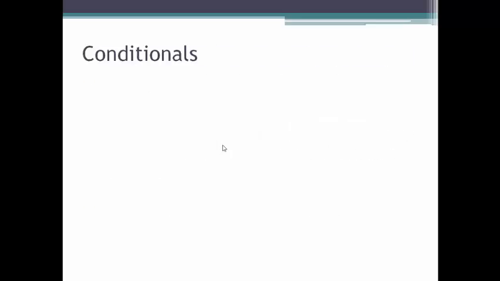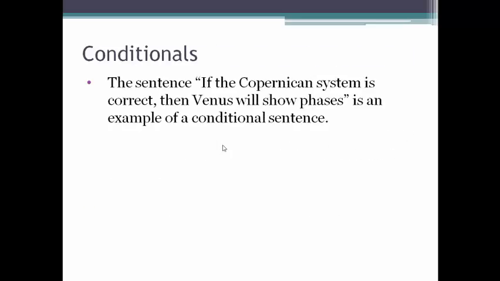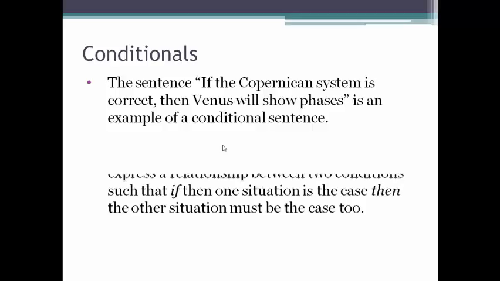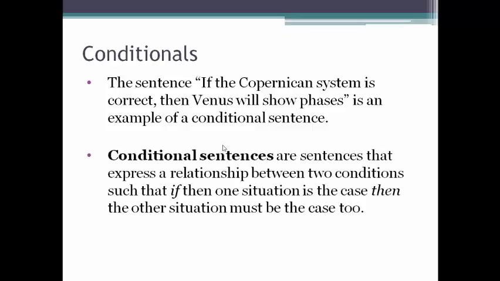Well, actually, not quite yet. First, I want to just briefly talk about what a conditional is. Conditionals are types of sentences. The sentence, if the Copernican system is correct, then Venus will show phases, is an example of a conditional sentence. Conditional sentences are sentences that express a relation between two conditions such that if the one situation is the case, then the other situation must be the case too.